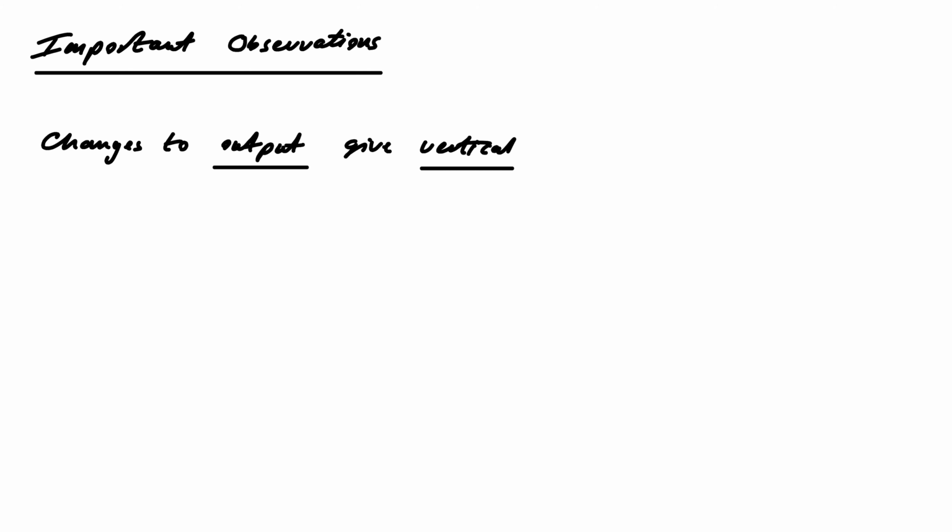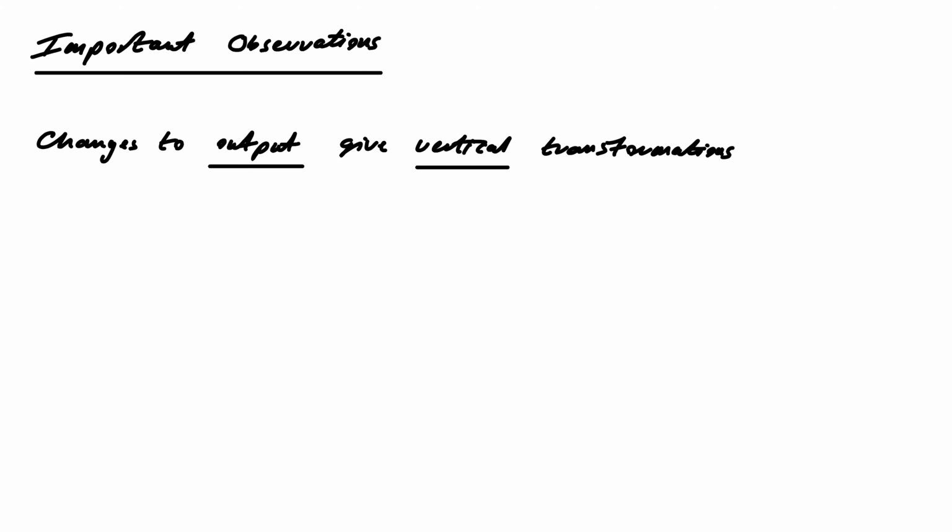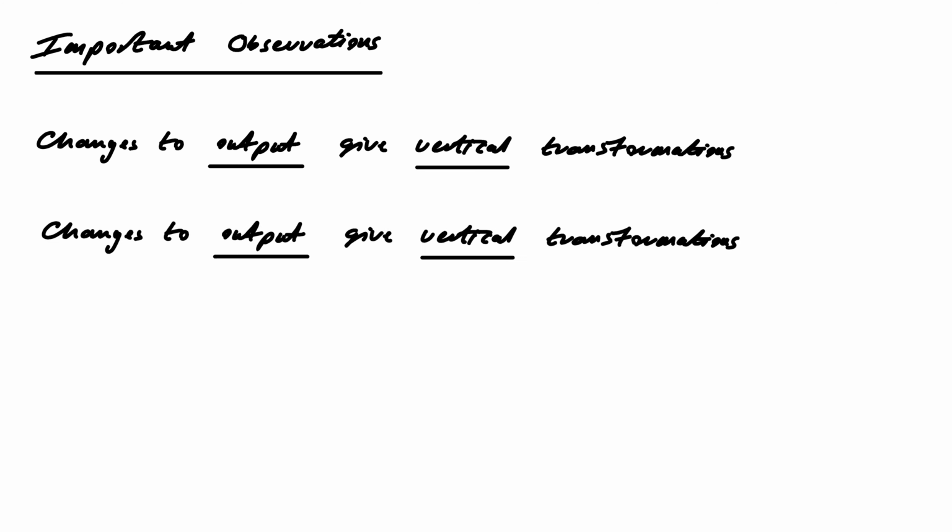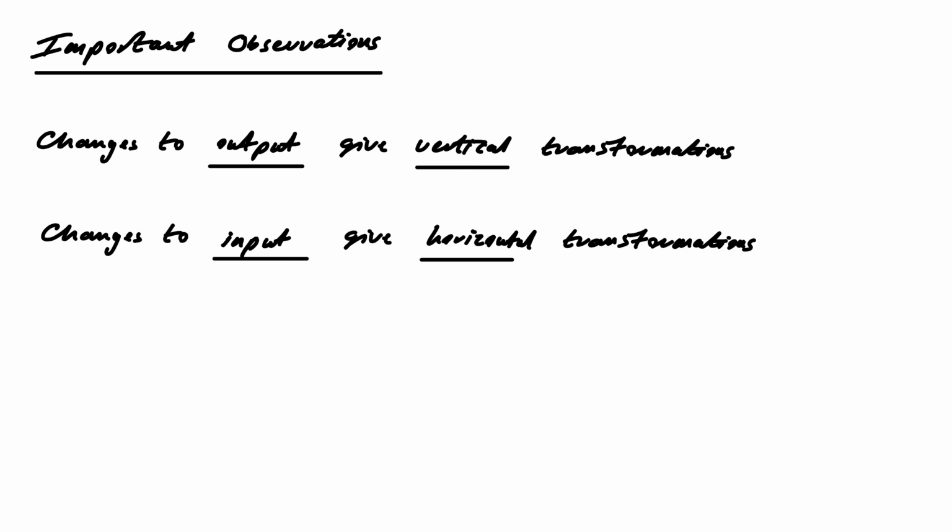Because the vertical is the y-coordinate, which represents the output of the function. However, changes to the input give horizontal transformations, and that makes a lot of sense because the input is the x-axis, which is the horizontal. So changes to the input give horizontal transformations, things like left, right, all the rest.